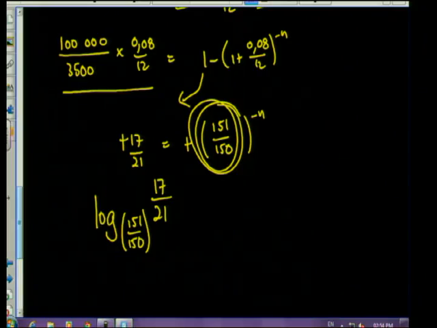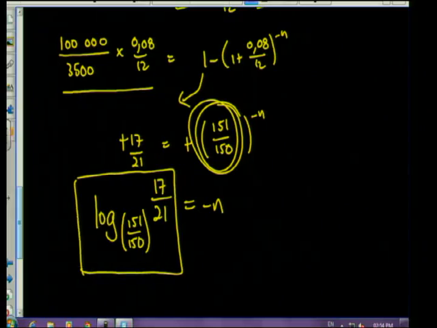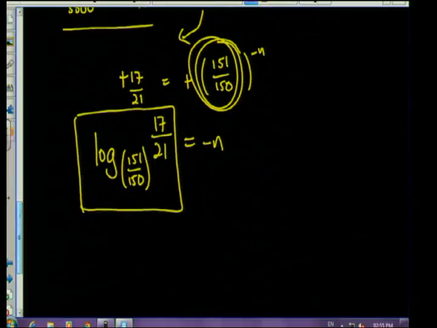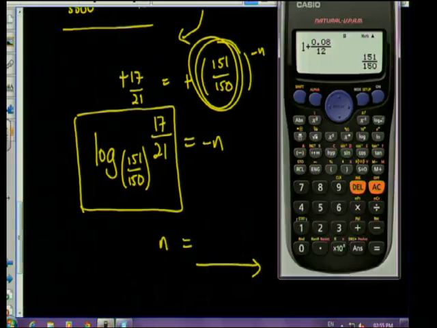Remember, the base there will become the base in logs, and that leaves me with negative n. This log has to give you a negative answer. Always, when you're solving for n in a PV, if that does not give you a negative answer, something's gone wrong. And then you must go back and check your signs. Because if you get a negative and you're solving for negative n, that then will enable me to get to a positive n value. And so now let's pull up our calculator.